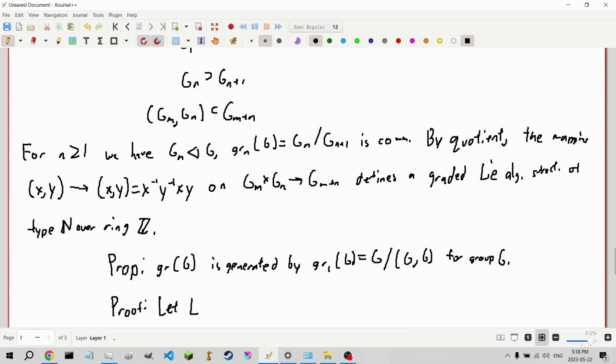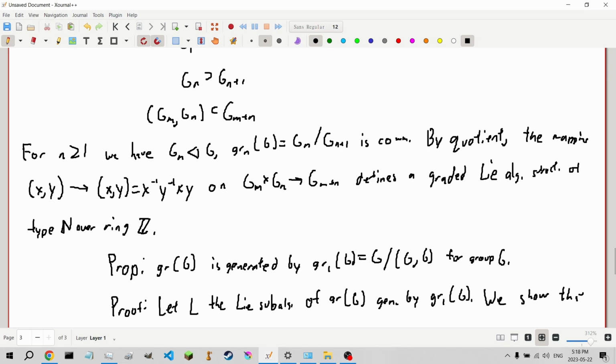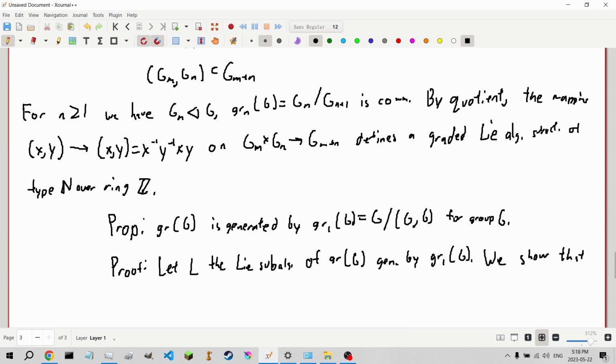So we're going to let L be the Lie subalgebra of the graded algebra of G generated by GR1 of G. We will show that L lies within the nth grade of G by induction on n.